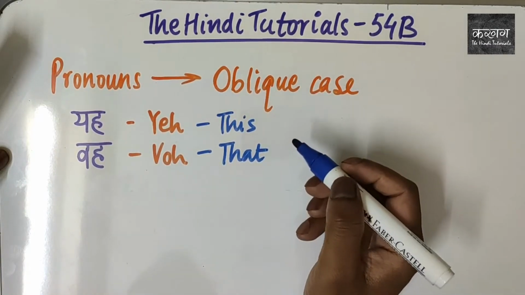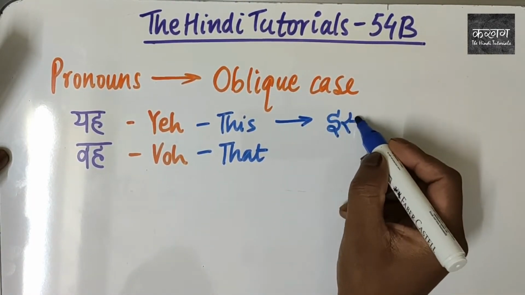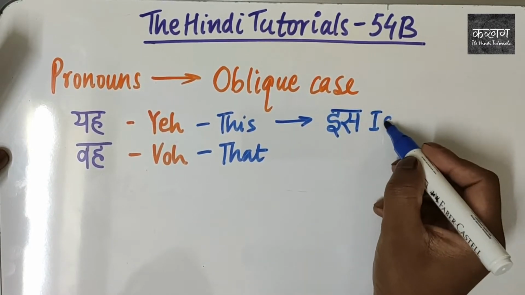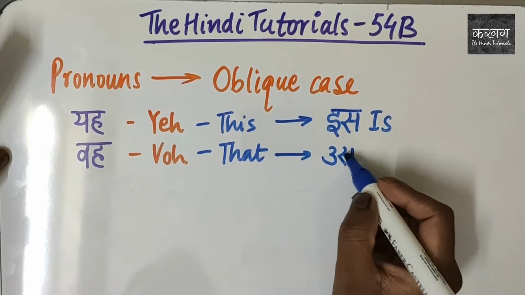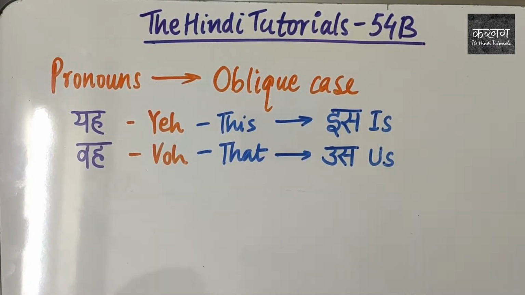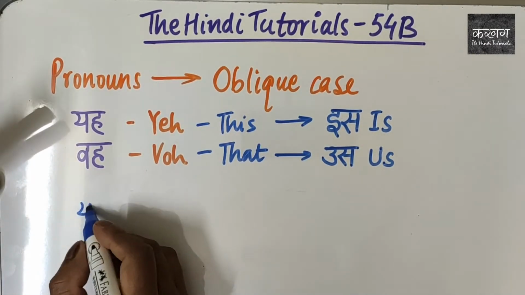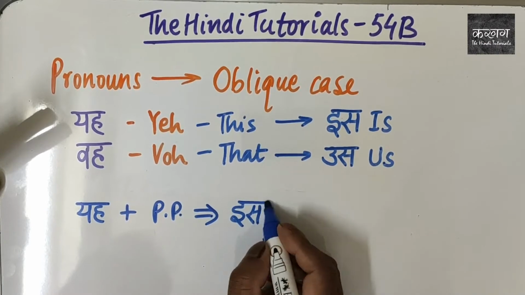So the oblique case of ye is is, and the oblique case of wo is us. I'll explain using examples. To use them in the oblique case, we will have to add a postposition after them, right?